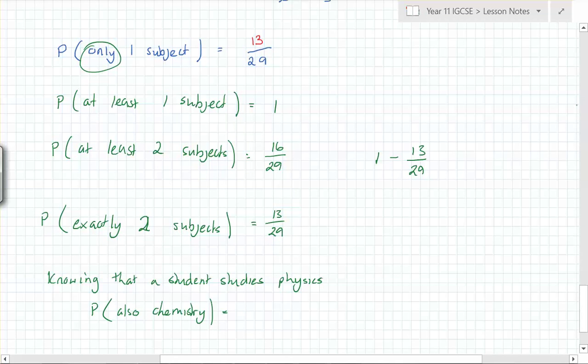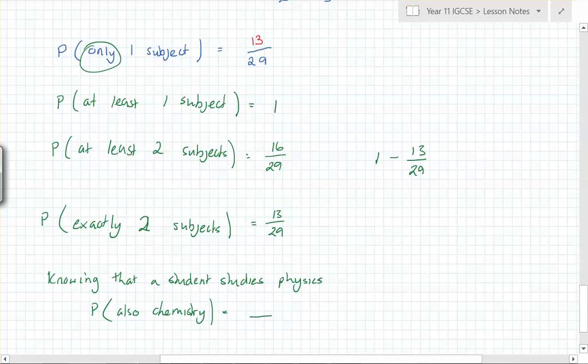So you know that a student studies physics. What is the probability that they also study chemistry? Christian? 4 over 29. Sorry. Chin? 5 over 18.